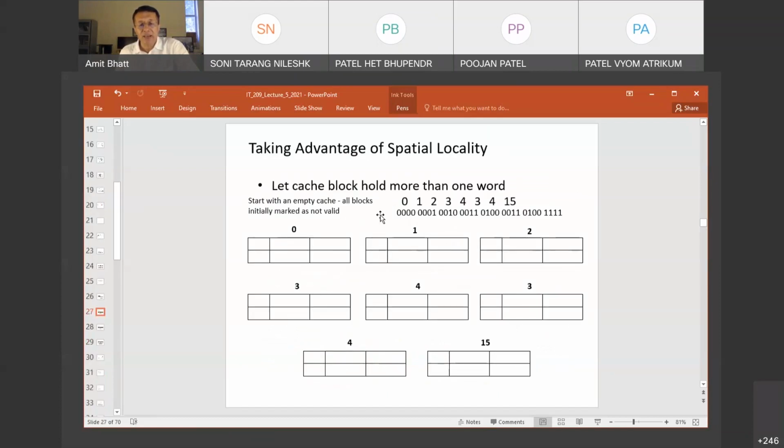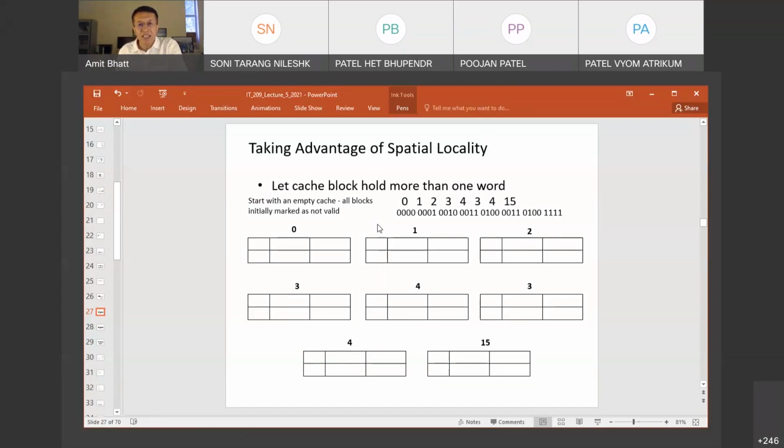Let us come here, and now I'm doing something clever. When my processor makes a request for memory location 0, I not only get something from memory location 0, but I also get something from memory location 1, so 2 together.